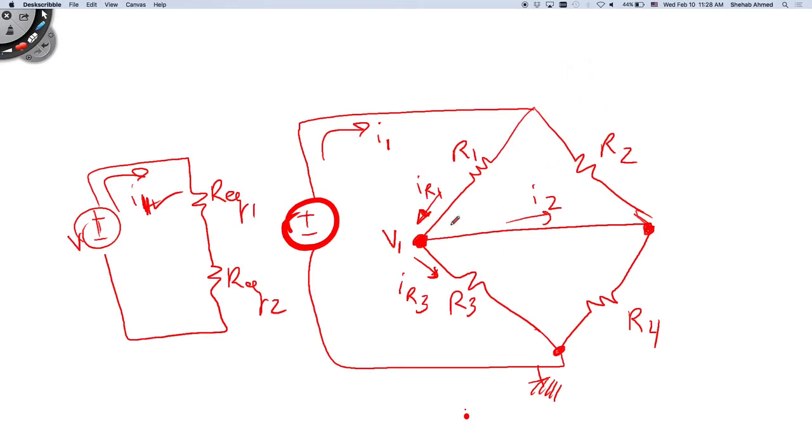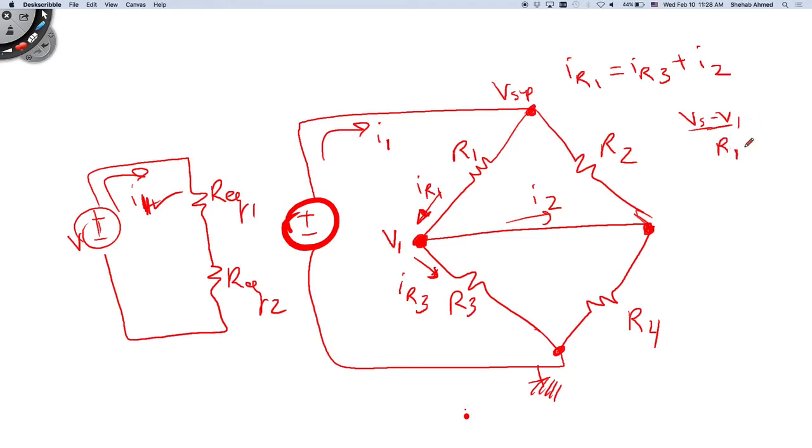Current coming in is equal to current coming out, so IR1 is equal to IR3 plus I2, right? What is IR1? Your supply voltage, V supply, minus V1, over R1.